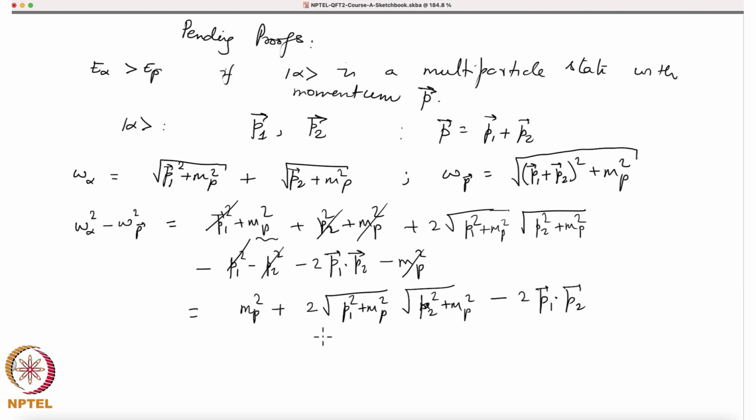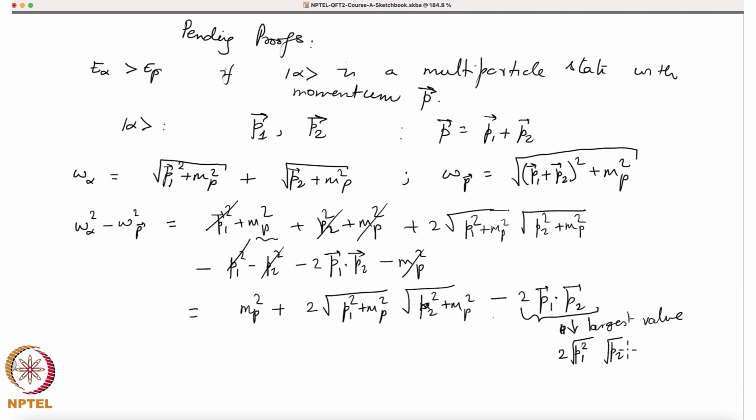Good. So let us see. This is positive anyway. The only thing we have to worry about is this difference. The largest value this takes is 2 times the magnitude of p1 times the magnitude of p2. This is the largest value it can take, because this is a dot product and cos theta will be 1 when both are in the same direction.